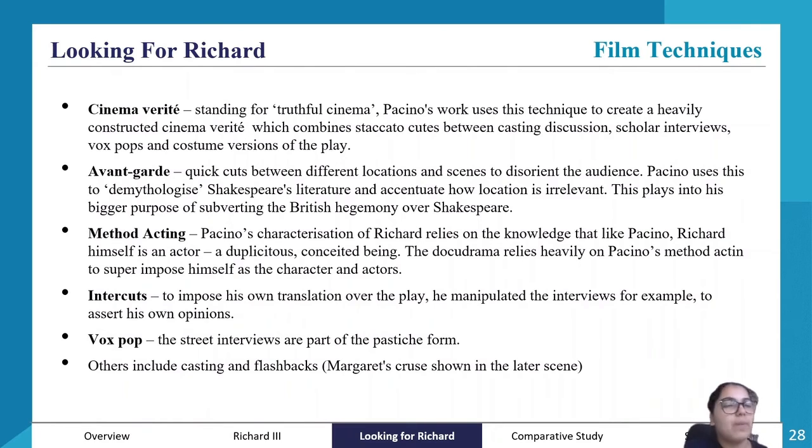There are intercuts to impose his own translation over the play. He's manipulated interviews, for example, right? He tries to assert his own opinions in one way or another, to be like, oh, that's what the scholar's saying. Nah. He curses them. He's like, nah, yeah, whatever. This is what I think. This is how I think we should do it. Or when he, for example, changes that line from Shakespeare, he's like, G of Edward's heir, Edward's heir, the killer Sharpie.